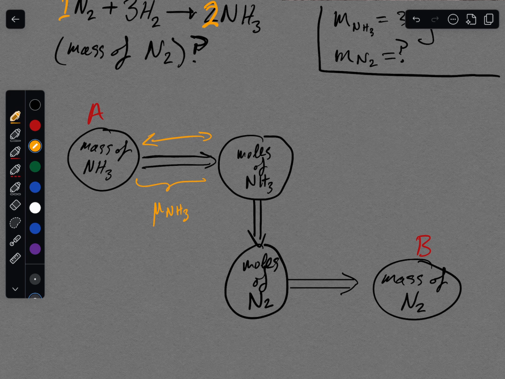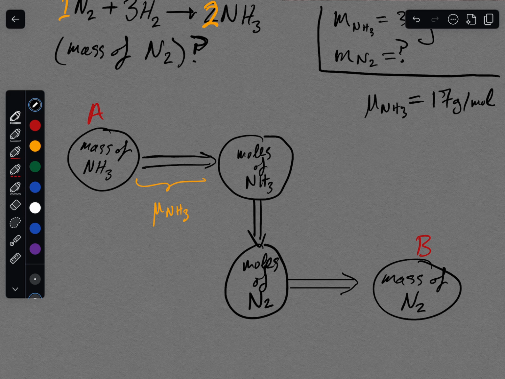And the molar mass of ammonia, well, you guys know how to do this now, but I'll put it over here on the side. NH3 is approximately 17 grams per mole. Okay, so I'm going to need that to go there.